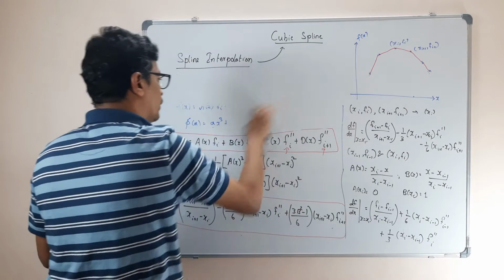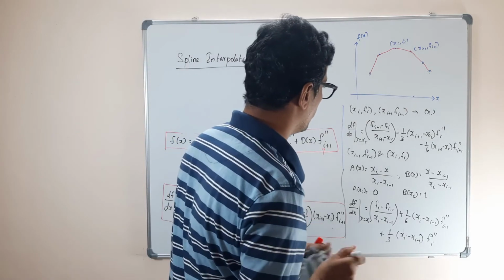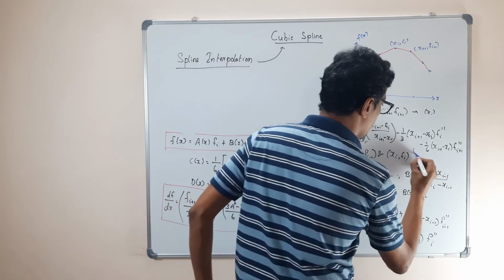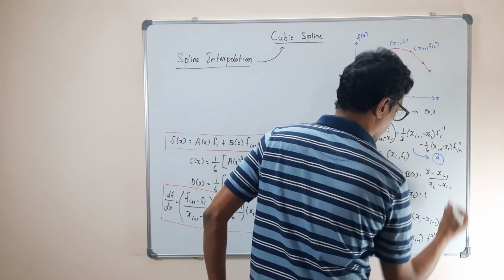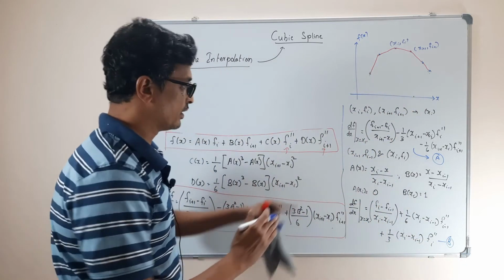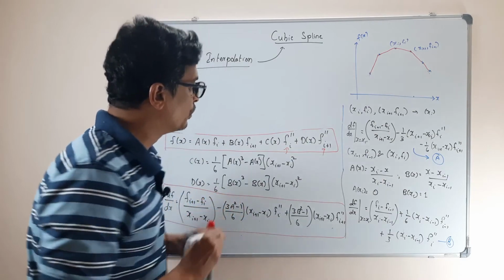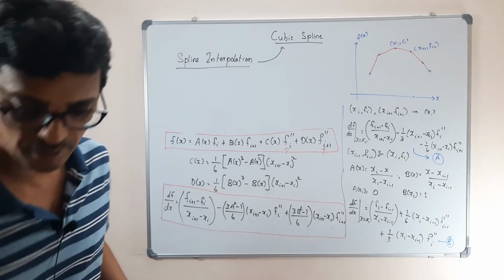Now let me write this as A and this as B. They both should be equal. So when we equate them both, I can straight away write down that equation.